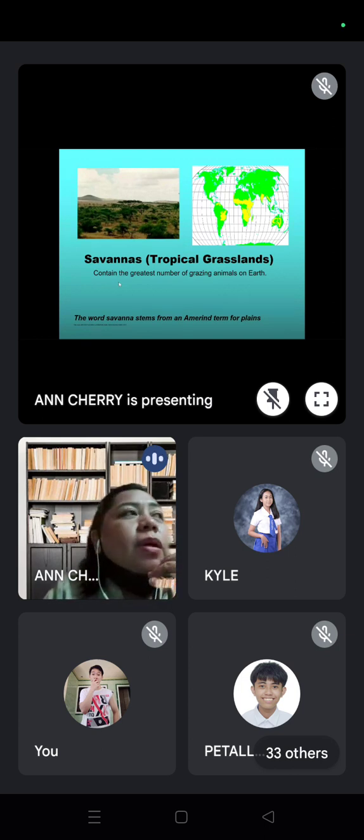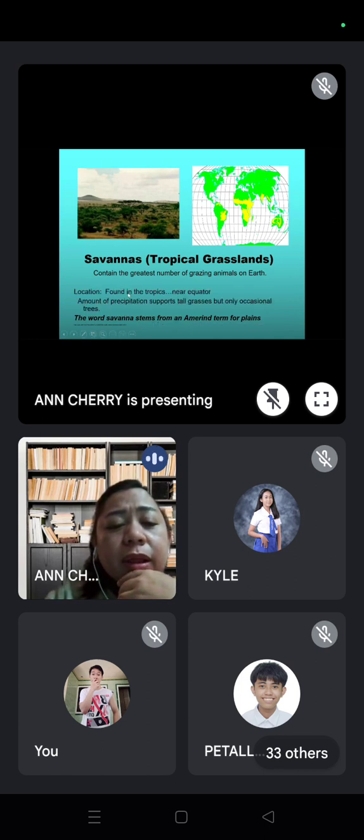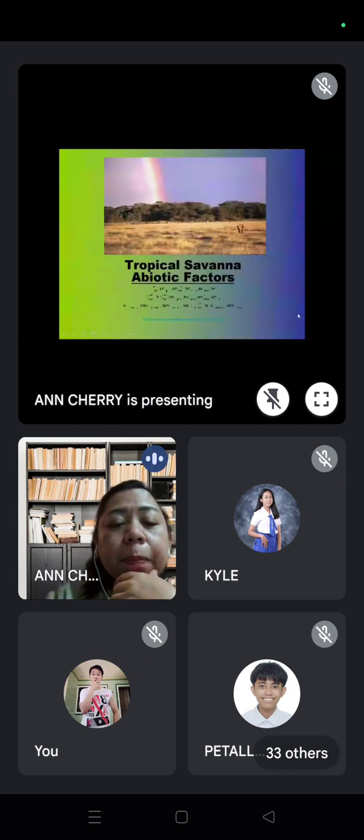Now the tropical savanna is found in the tropics near the equator, and the amount of precipitation supports tall grasses but only occasional trees. Most of the trees are acacia. No? Okay.